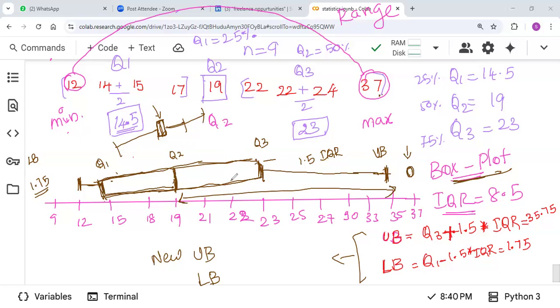Do you understand, guys? If the IQR is long, it represents high data variability. If the IQR is very short, it represents low variability. Low variability means it might be a constant feature.